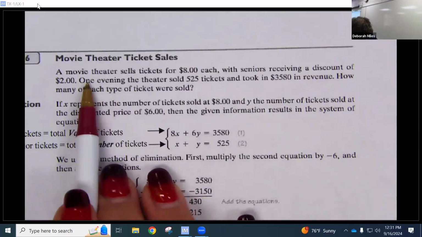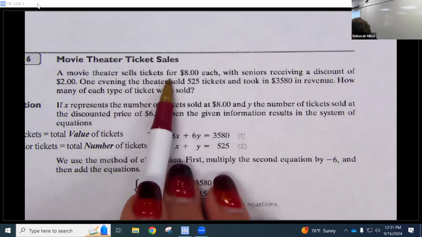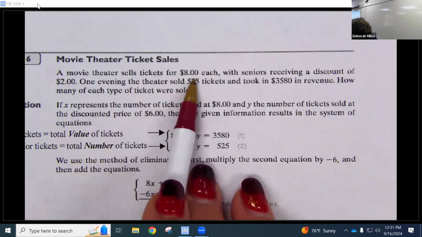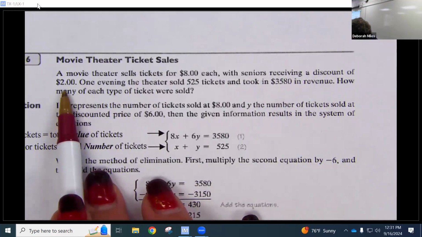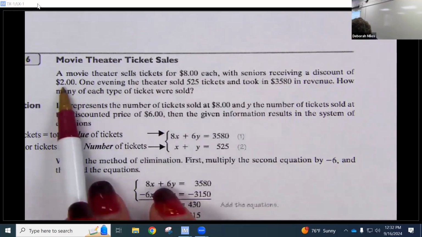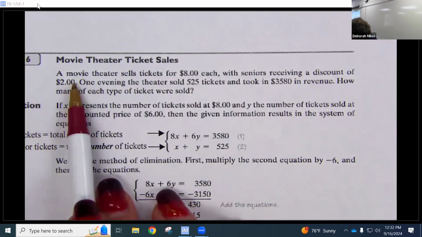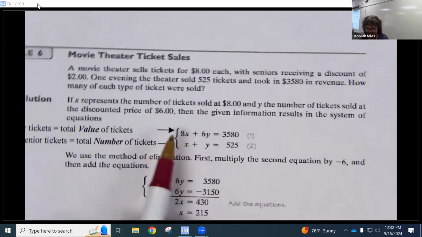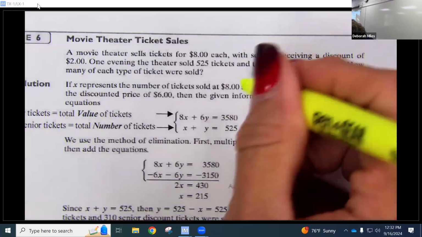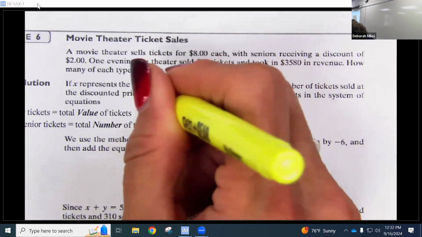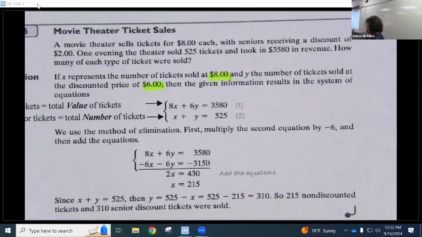It says a movie theater sells tickets for $8 each, with seniors receiving a discount of $2. Now, if seniors get a discount of $2, what are they paying? They're paying $6. All right. So $8 and $6 are the prices of tickets.